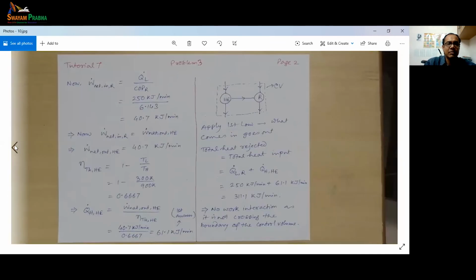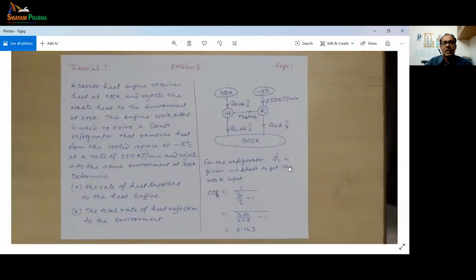So in this problem we have talked about a Carnot heat engine and a Carnot refrigerator. Both of them we can find out the coefficient of performance and the thermal efficiency. And for a Carnot engine, this is the speciality that the efficiency or the coefficient of performance depends only on the reservoir temperatures.